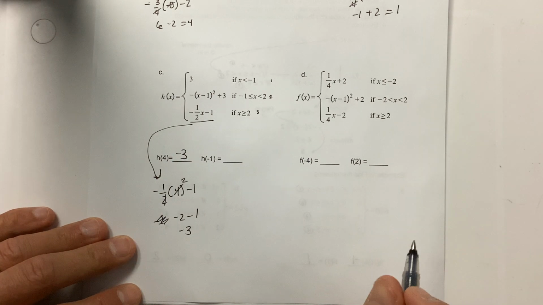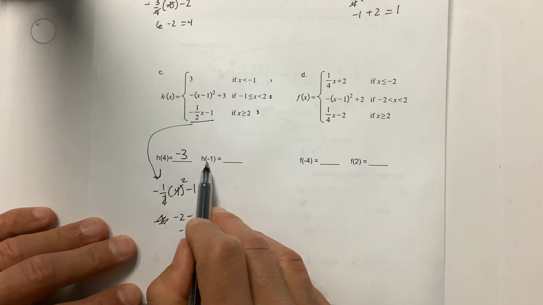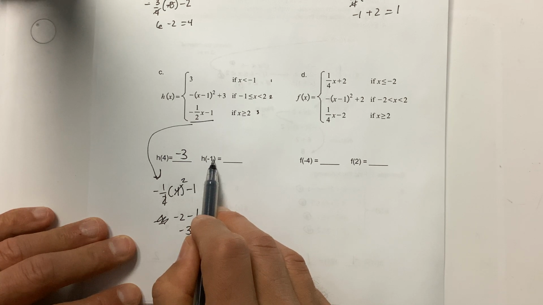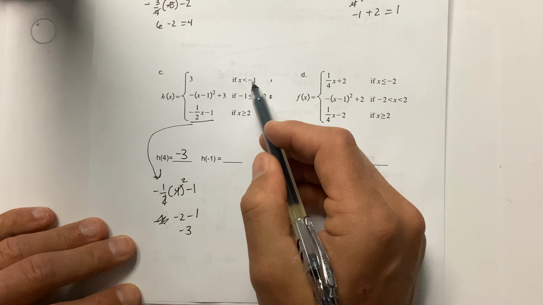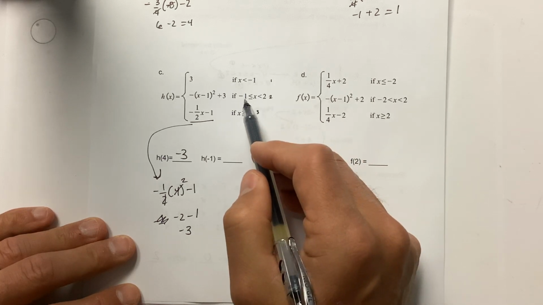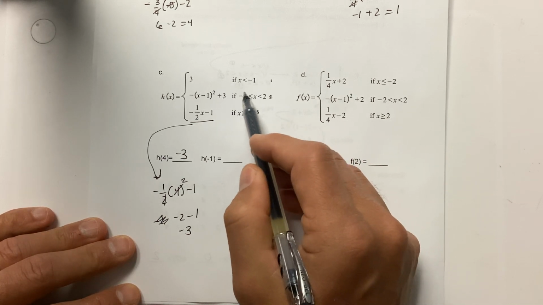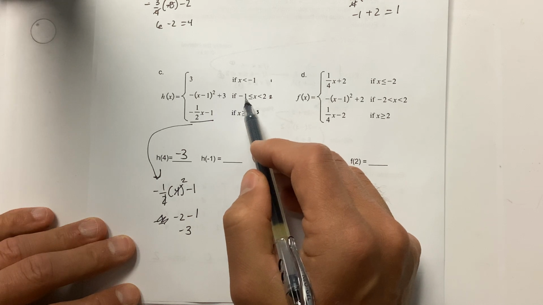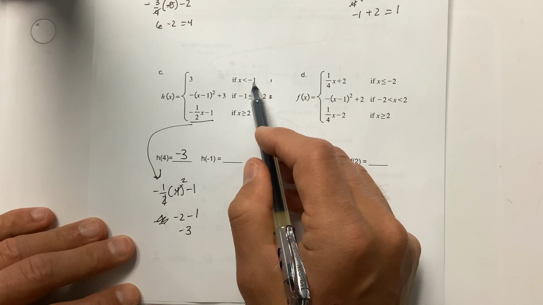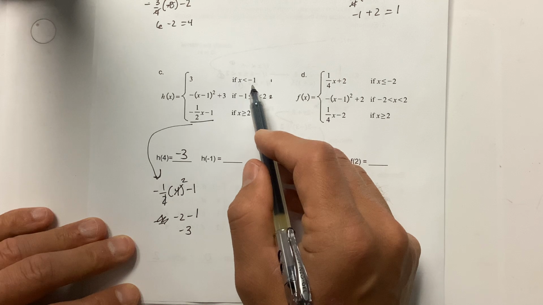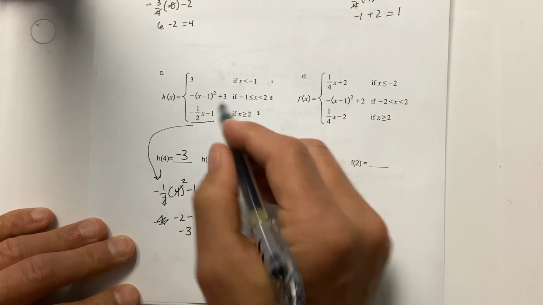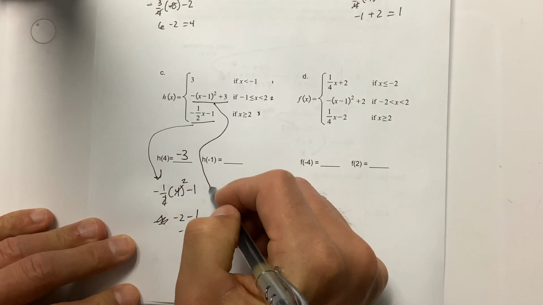Now -1. Well, there's two sections where -1 could be, but it's going to have to be the second one because it's here where x is actually equal to -1. Up here, it's just x is less than but not equal to -1. So it's going to be interval number 2. So we're going to need this guy right here.